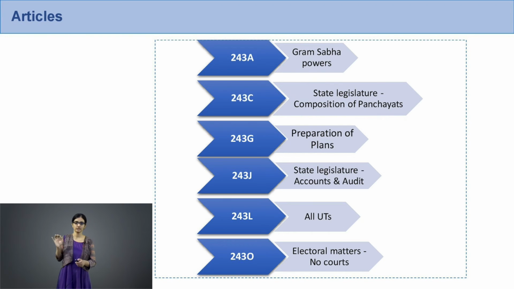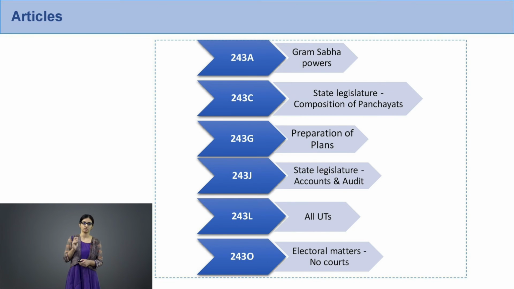Article 243C says that the legislature of a state is empowered to make provisions for the composition of the Panchayat, and the Panchayat area will be divided into territorial constituencies, and the state is empowered to provide for representation of the chairpersons of the Gram Panchayat at the village, intermediate or district levels, and the chairperson of Gram Panchayat is to be elected in a manner that is provided by law.